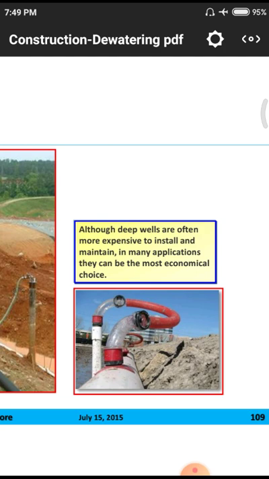Those need tight mechanism systems, so we need a huge amount of money for the installation process. That means a huge amount of money is required for these kinds of practices to dewater a land.